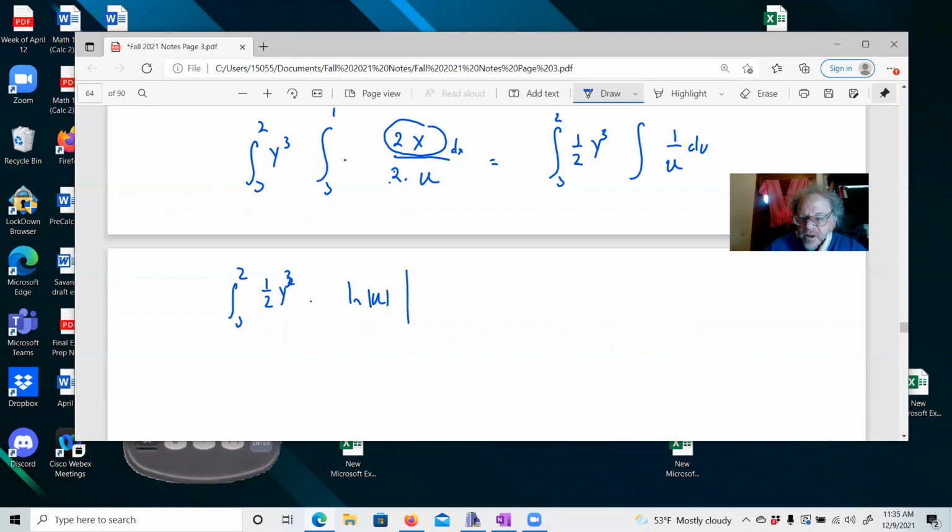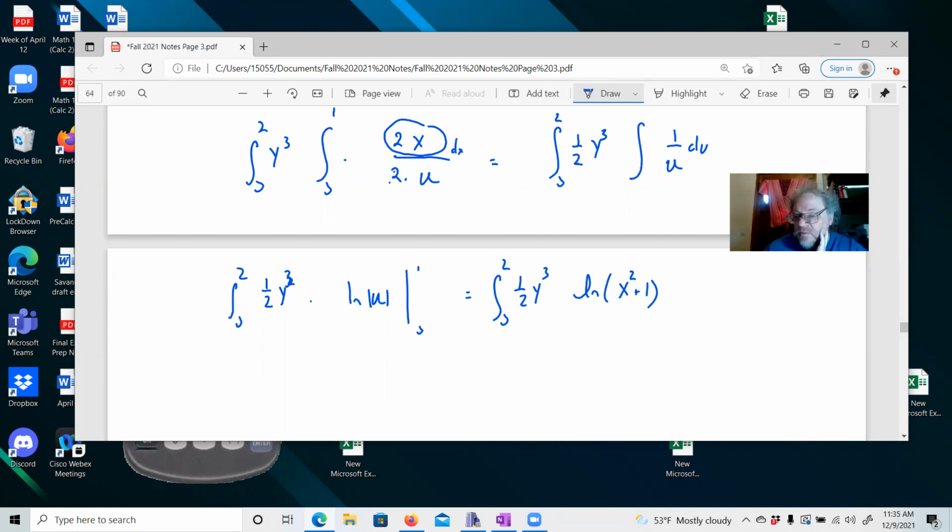And we're going to go from 0 to 1. What the heck was u? This was ln of x squared plus 1. I was a little concerned about seeing that 0 here, but this is always going to be a positive number.